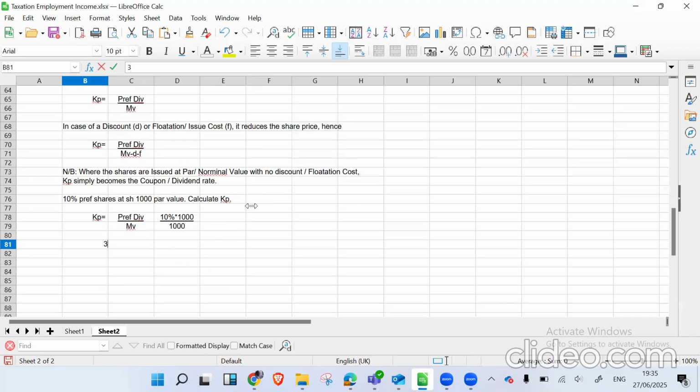Then you have number 3, unless there's a question, we talk about long-term debt, cost of long-term debt or cost of debt. That is KD, or simply put, cost of debt.